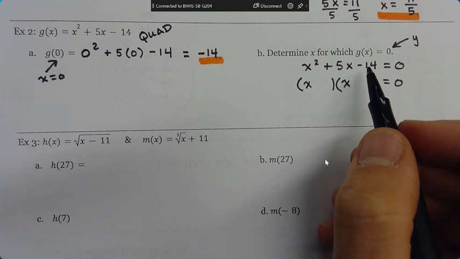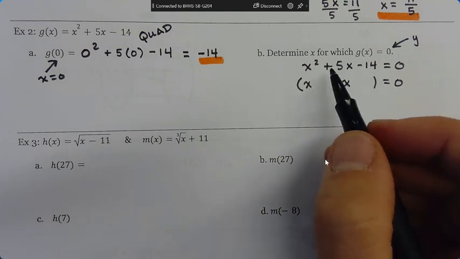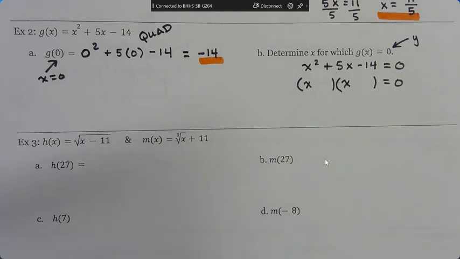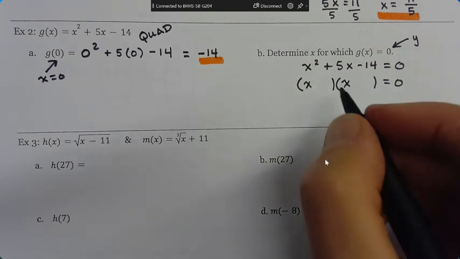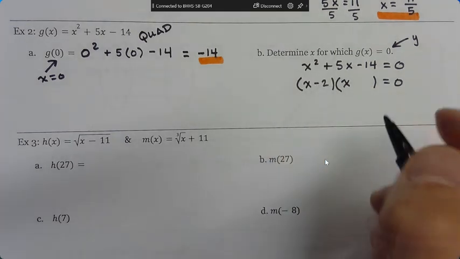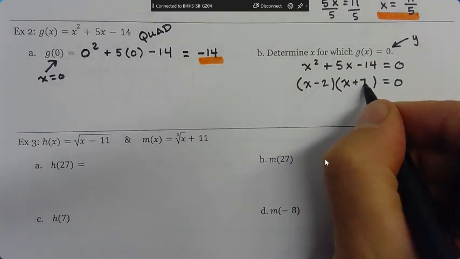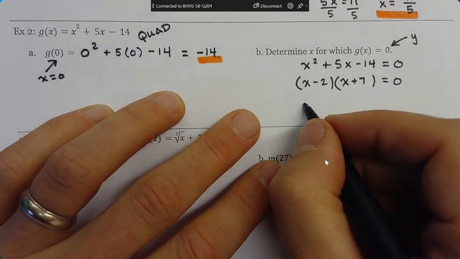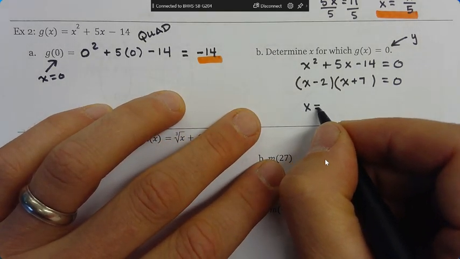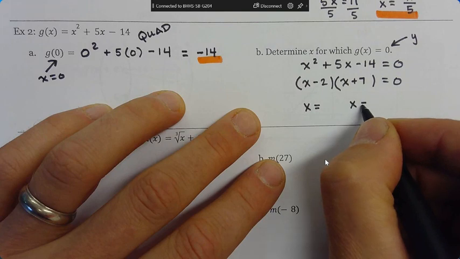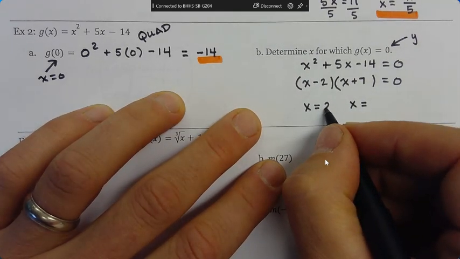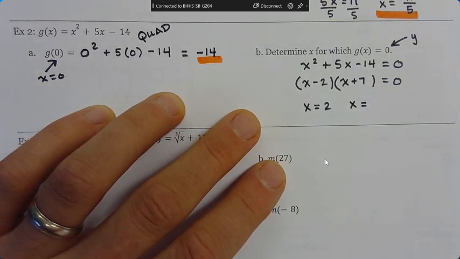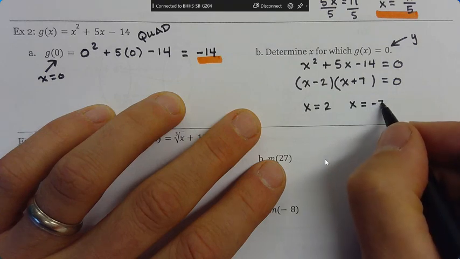Can you guys give me two numbers that multiply to negative 14 and add up to 5? Negative 2 and 7. Okay, I like it. Therefore, this one's going to have two solutions. The first solution is 2. The second one is negative 7.